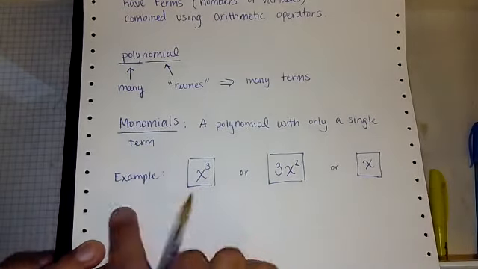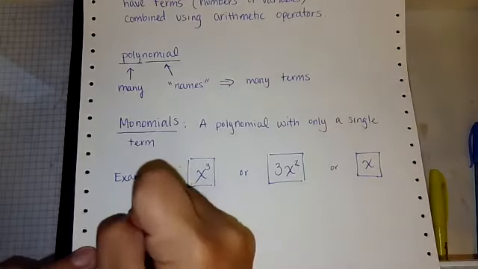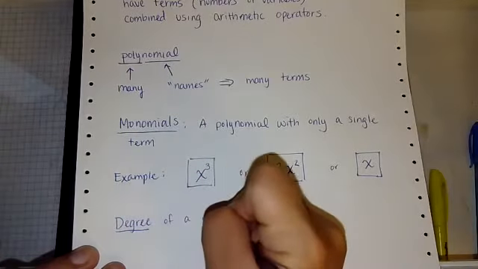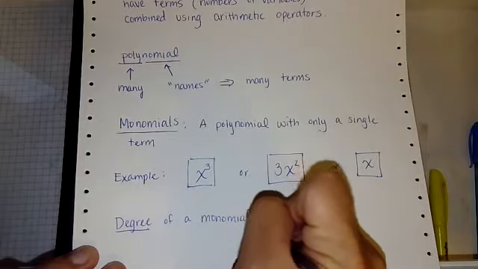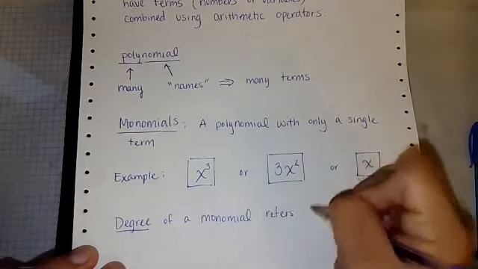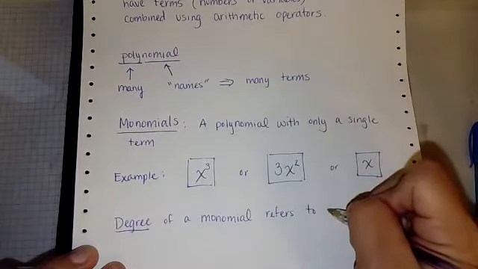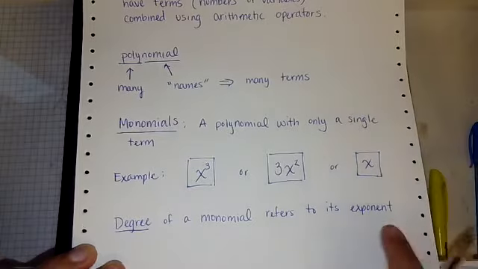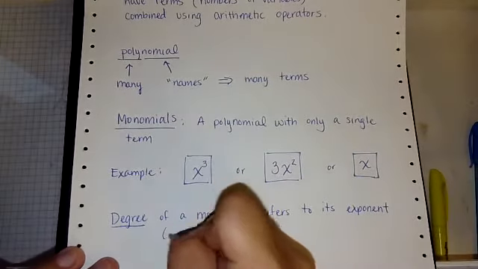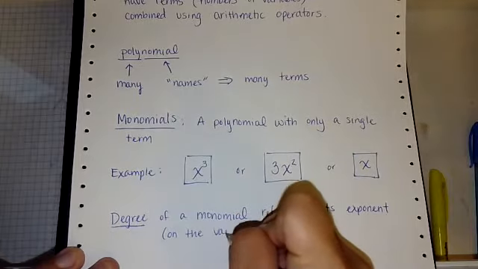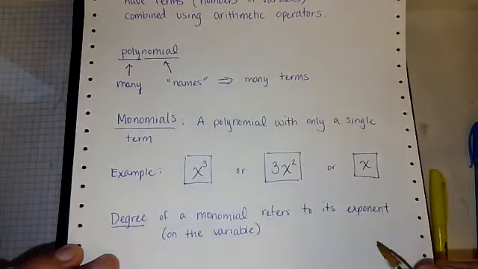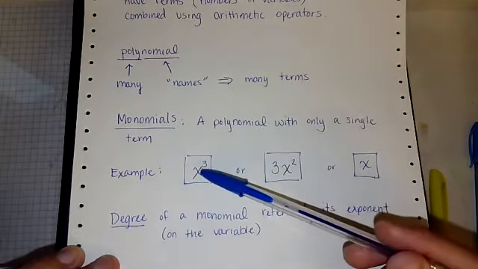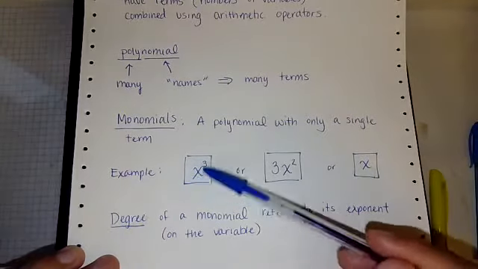So what we want to do is then introduce some additional vocabulary. So I'm going to say that the degree of a monomial refers to its exponent, or the exponent that exists on the variable. So here, for this first example, we would say that this is a monomial of degree 3.